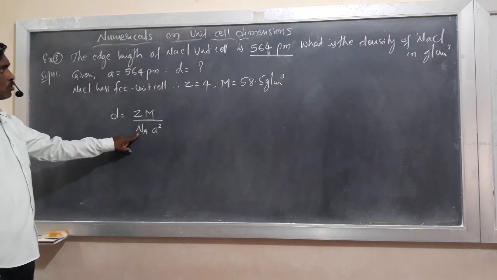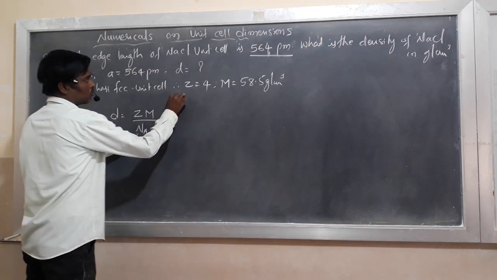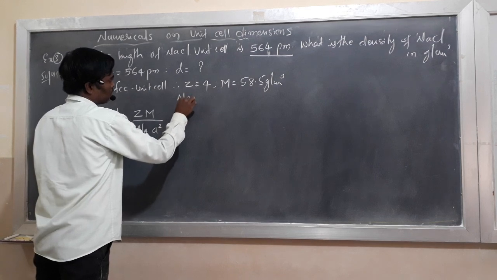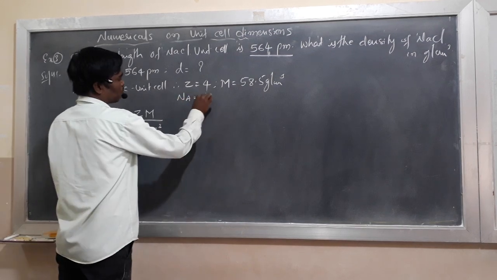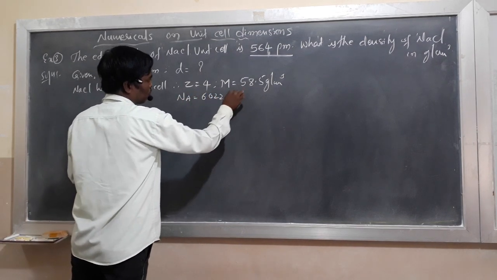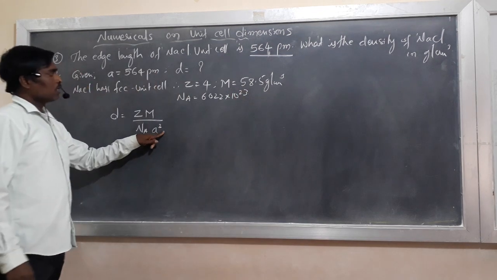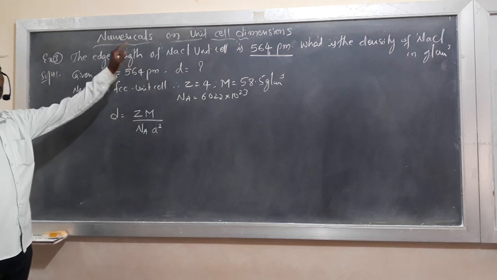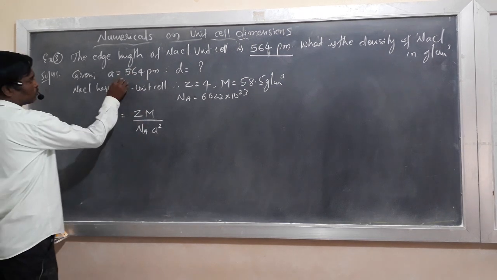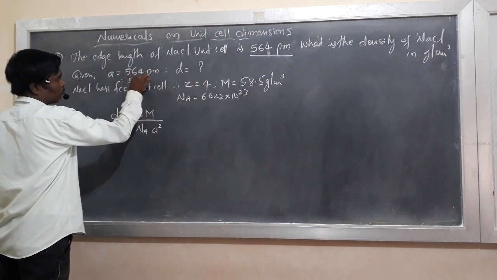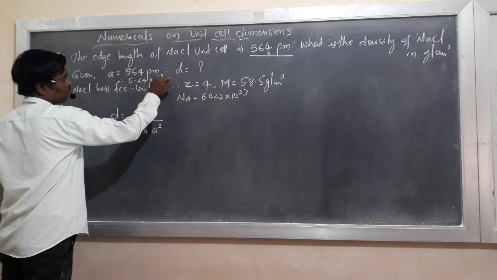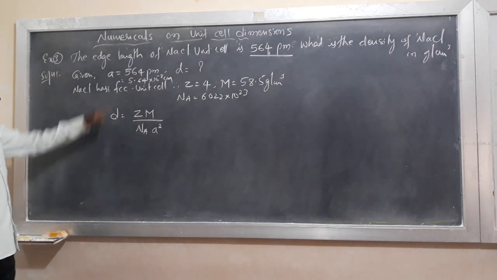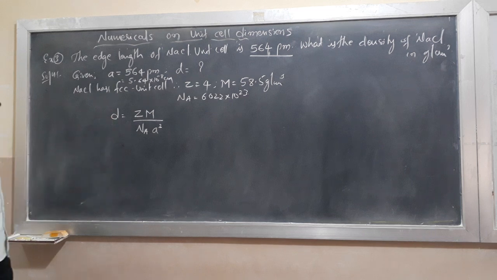And next, Avogadro's constant. We know Avogadro's constant value Na is 6.022 into 10 raised to 23, and the A value is given as 564 picometer. Convert that picometer into centimeter, so it becomes 5.64 into 10 raised to minus 8 centimeter. Now substitute all these values in this formula and calculate the density.